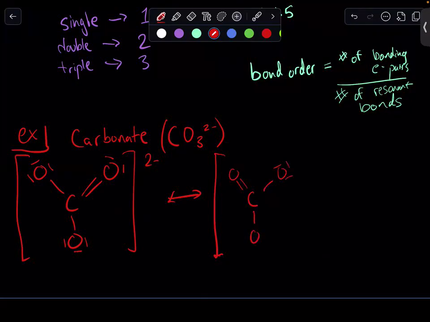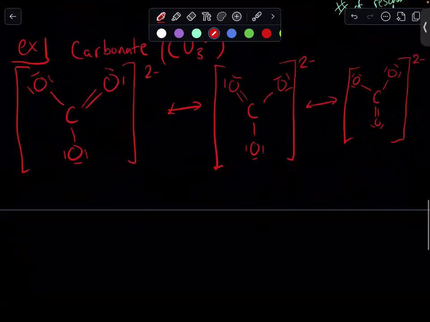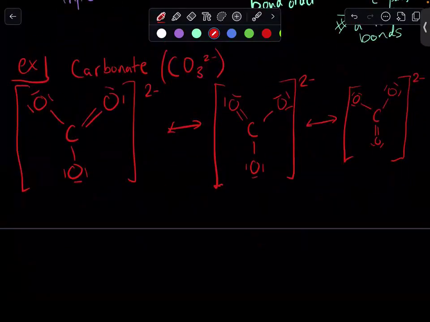And so all we're doing is just moving the double bond along the chain and making sure that our electron pairs still match up, with lastly the double bond going at the bottom. So here are 3 resonance structures. Our resonant hybrid form simply looks like this. We're still going to crank that 2 minus on top.